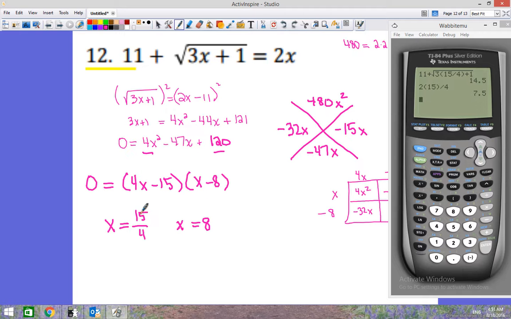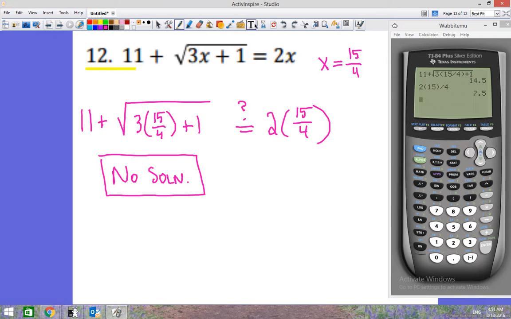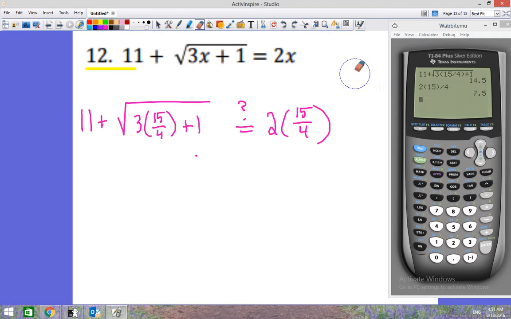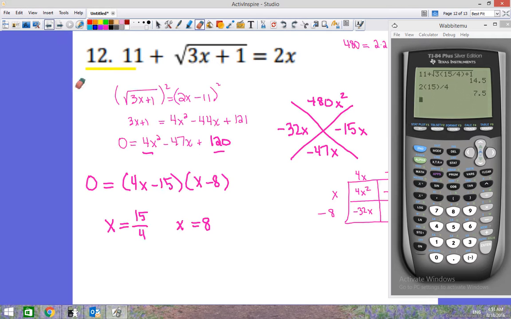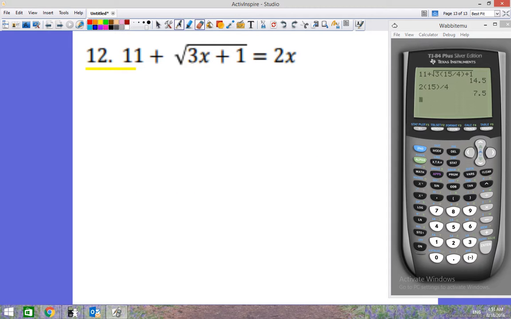I had not just the 15 over 4 to check, but also the 8 to check. Oh, goodness. It's true that this one isn't a solution, but we haven't checked the x equals 8. I don't know what's the matter with me.